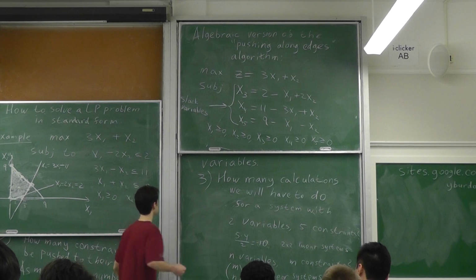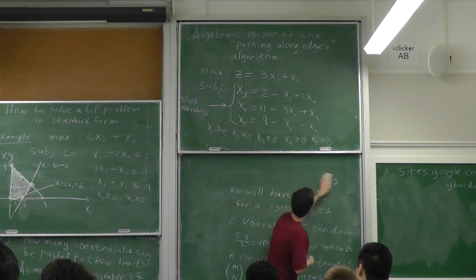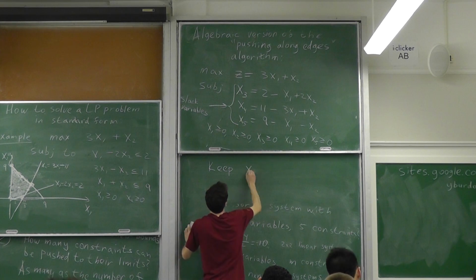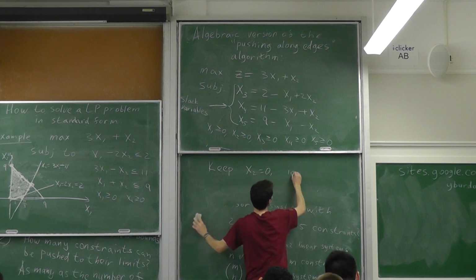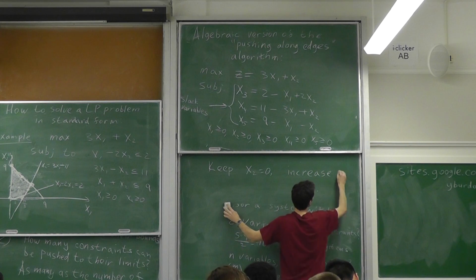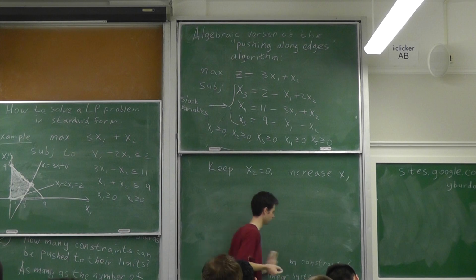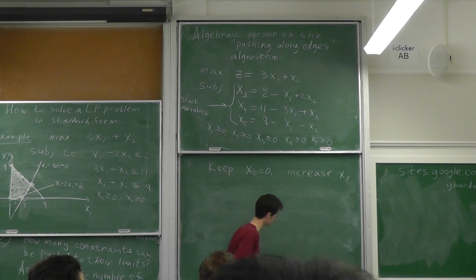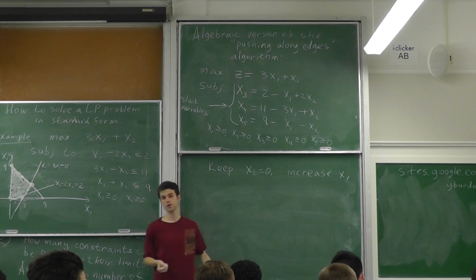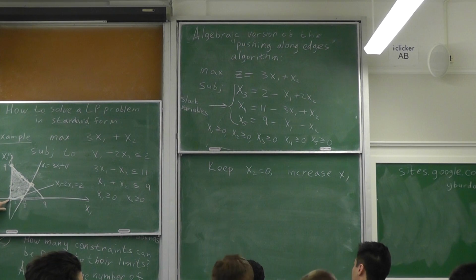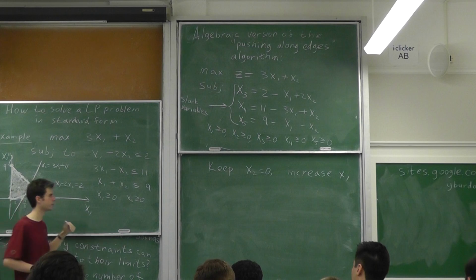So maybe it's a good idea to keep x2 equal to 0 and increase x1. So I decided that I want to keep x2 equal to 0 and increase x1 because my function is growing quite fast along this direction.